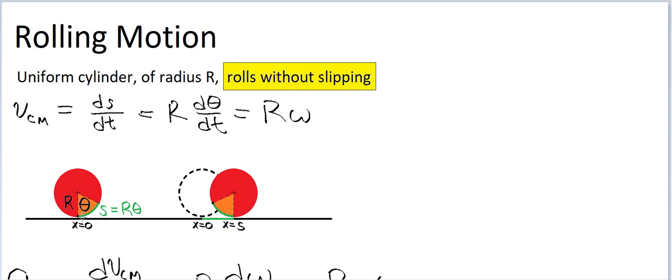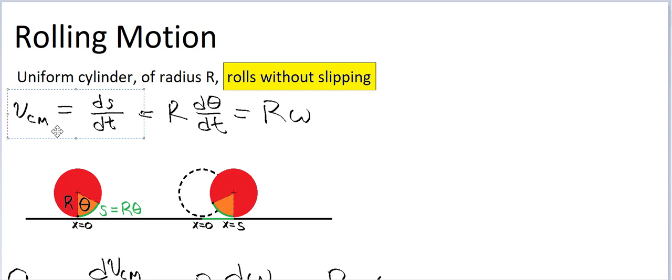Such that this point will move to here, and this point will be on the ground, right? So as it rolls from this position to this position without slipping, each and every point along that arc is in contact with one point on the ground. That's what I mean by rolling without slipping.